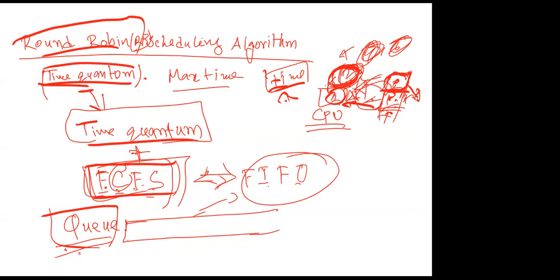Now let's see how this FCFS works. I will give you one example of how it works, from a process chart. Let's consider we have a total of 6 processes.